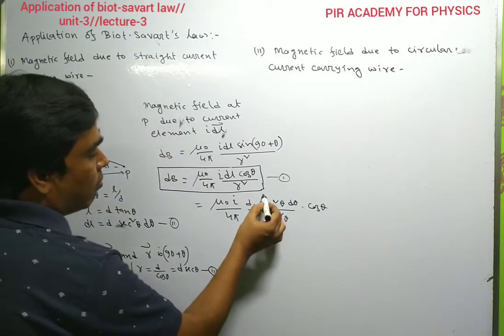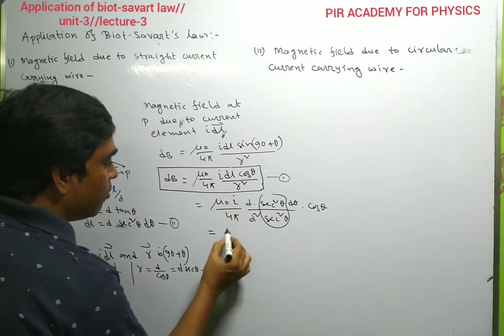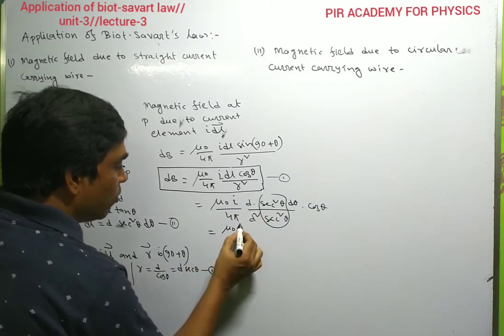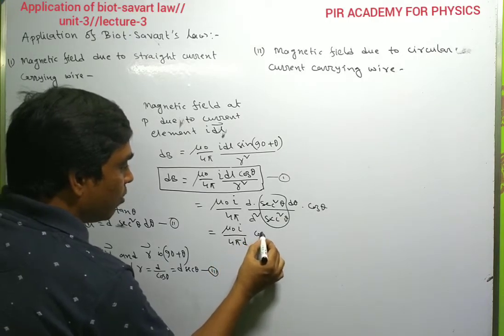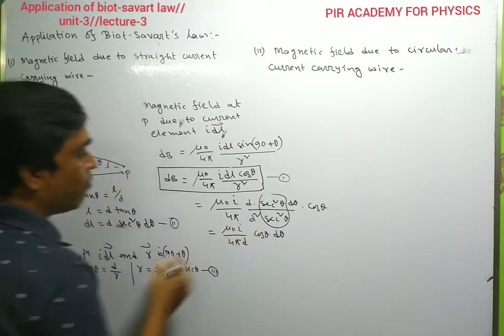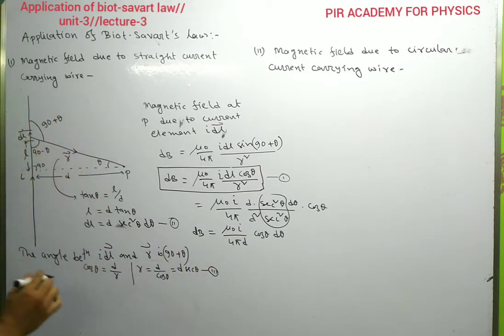So this term cancels out, and one D cancels out, so it is mu 0 I by 4 pi D, cos theta d theta.